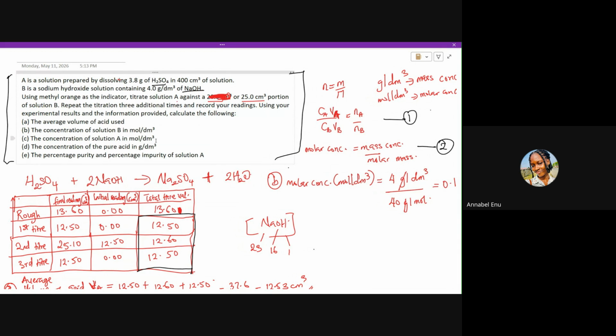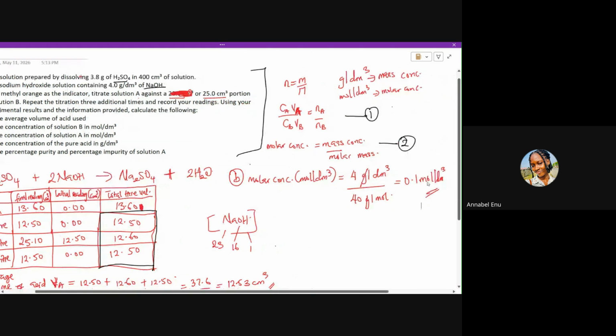We'll go back to these two formulas. We are definitely going to be using one of them. Now we already have concentration of base in mole per dm cube, and so we can easily and comfortably use our formula 1.